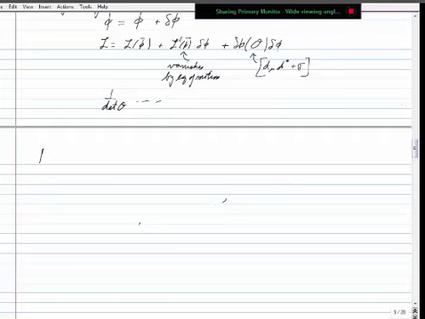So in general, the way you do background field is you write the full field as some background field plus a fluctuation.